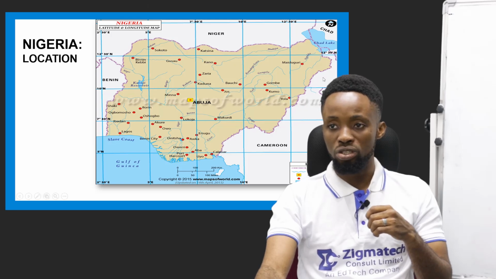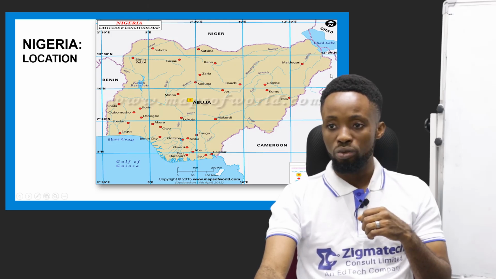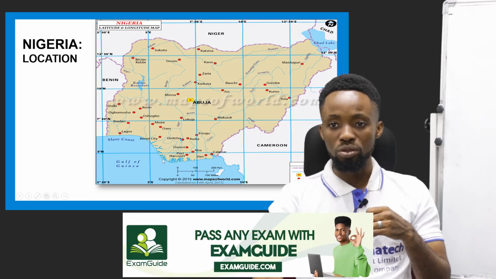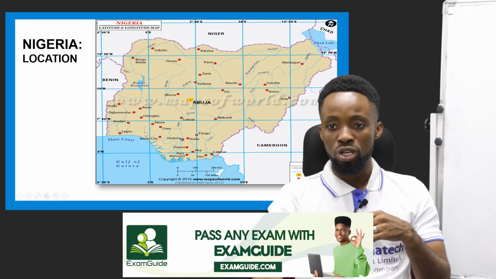Then when you come to this other stretch of Nigeria, the longitude at this point here is 15 degrees to the east. Then in terms of latitude, you see that we have these horizontal lines here projecting towards the North Pole.